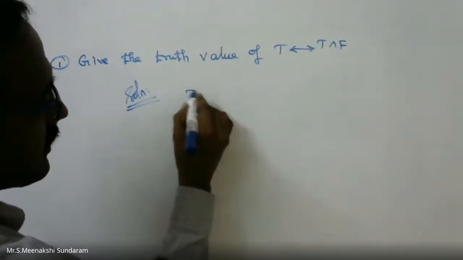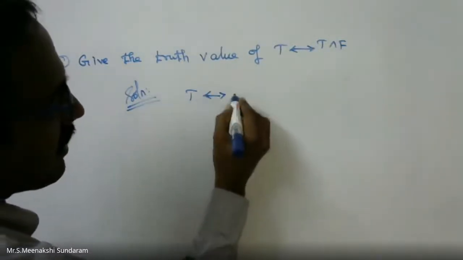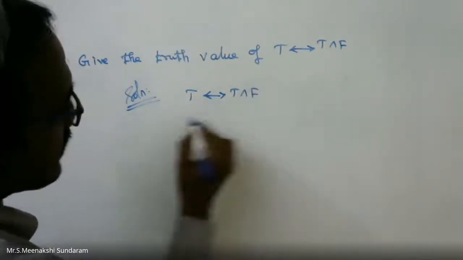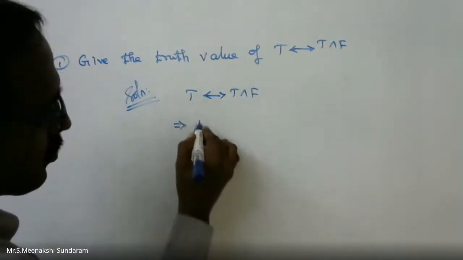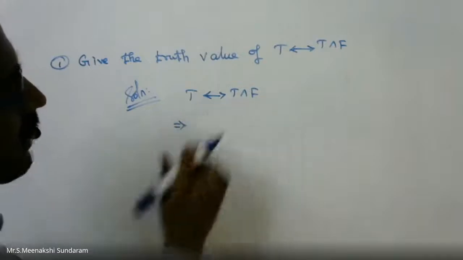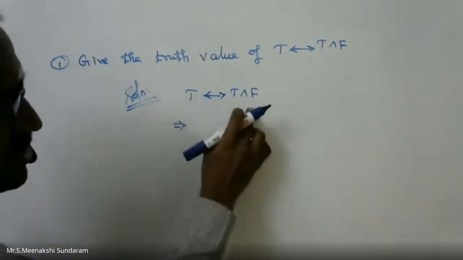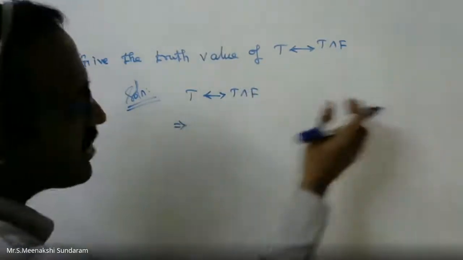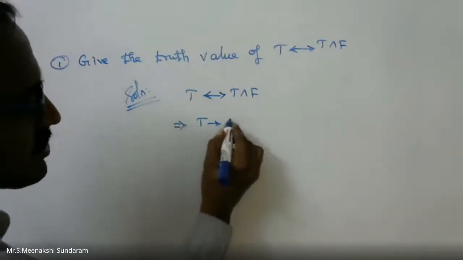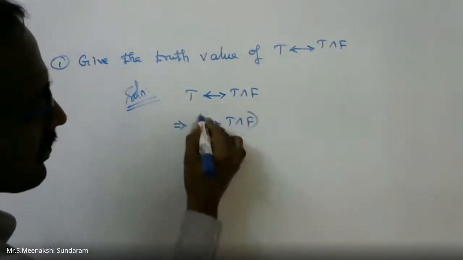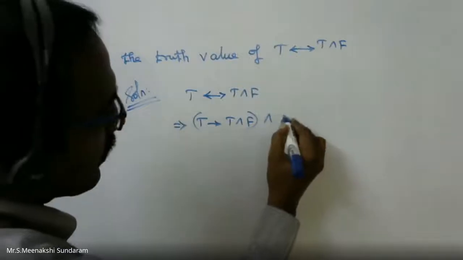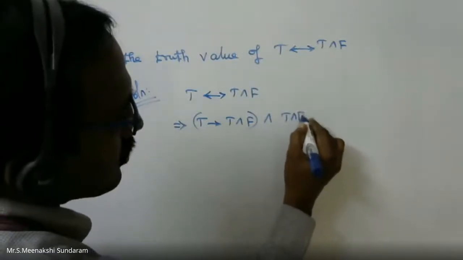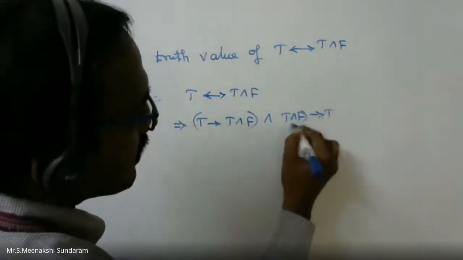I take it as T biconditional true conjunction false. Already we know what is meant by biconditional: P tends to Q, meaning P tends to Q and Q tends to P. So T tends to T conjunction F, and P tends to Q tends to P. Are we clear?